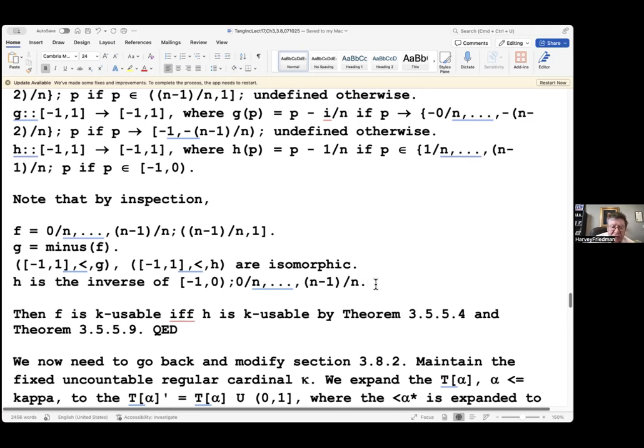Usability is preserved under inverse, under isomorphic copies, under isomorphism, and under minus, where you minus the domain and the range at the same time. That's how that works.